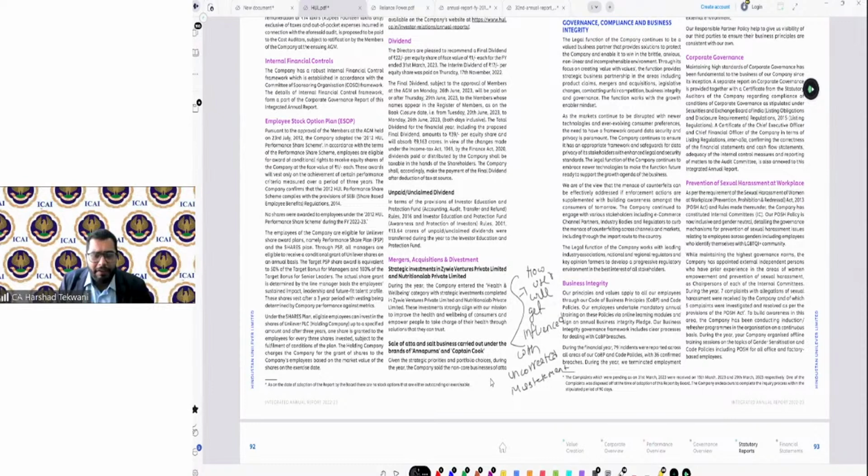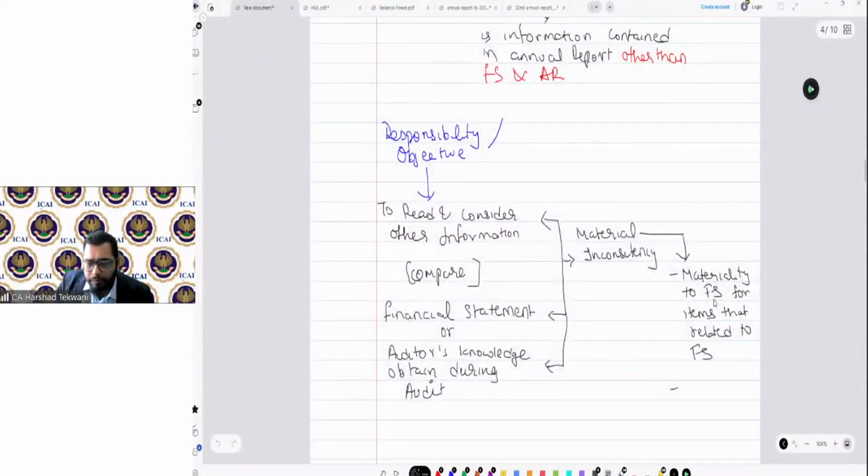If this misstatement is going to influence the economic decision of the user, then yes, I'll say it is material. So how will it impact the user's decision? On the basis of that, I can say whether this is material or not.